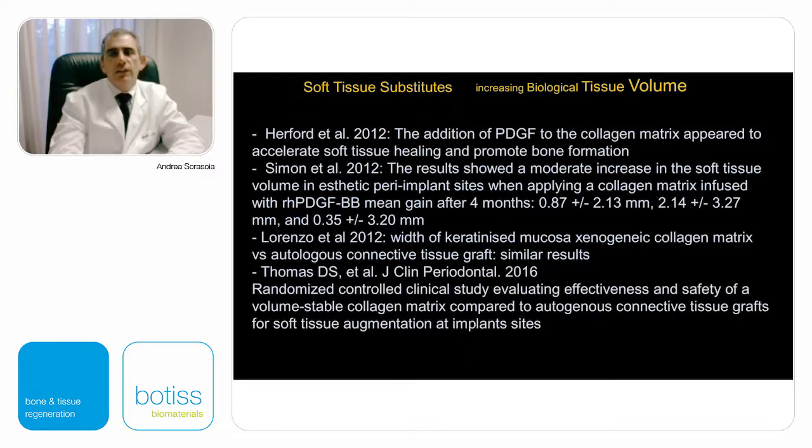Scientific research is giving us a first guideline to have the chance to use substitute soft tissues for increasing the volume of soft tissues.